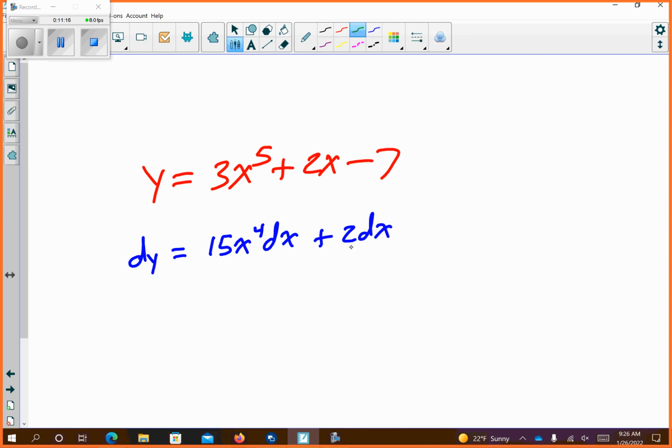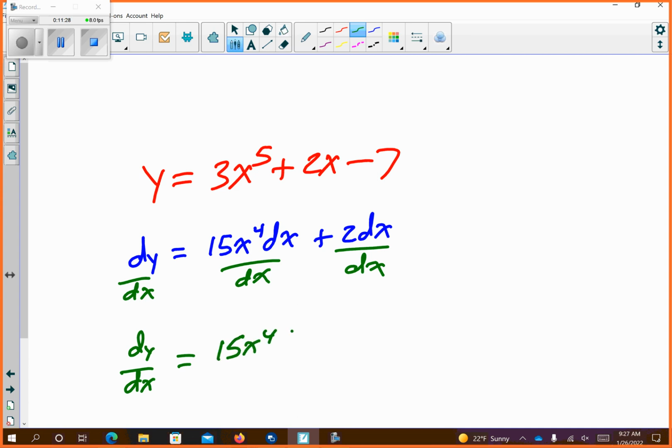If I were to divide everything by dx, I'd wind up getting dy over dx, which means I'm taking the derivative of something in both x and y, and my answer would be this. Now, that doesn't mean too much to you right now. That's just how you write the derivative. I haven't shown you how to take the derivative.